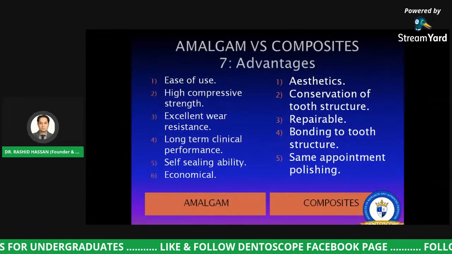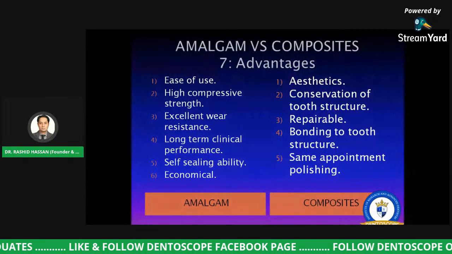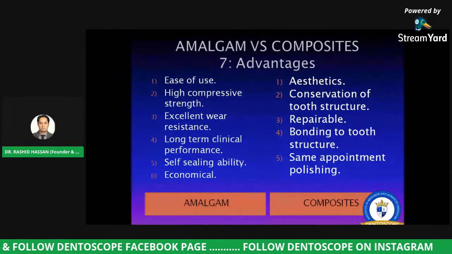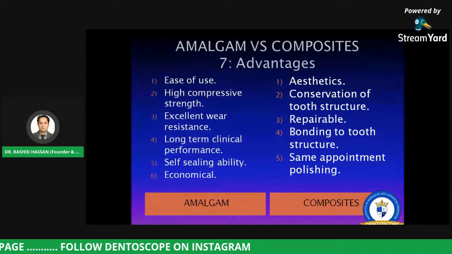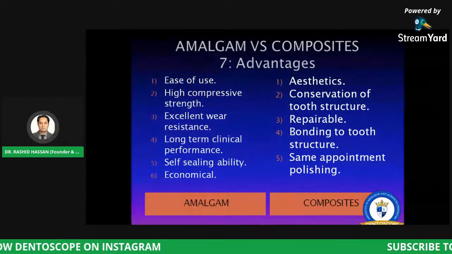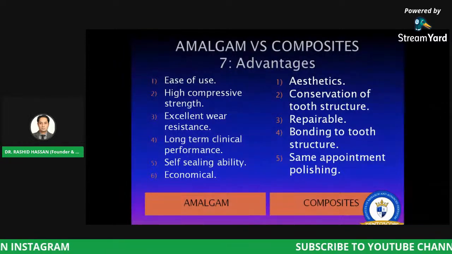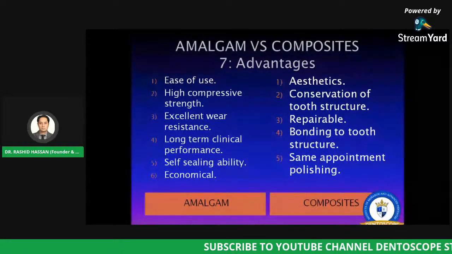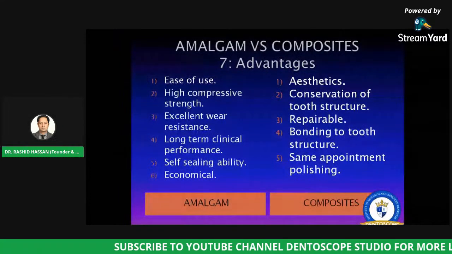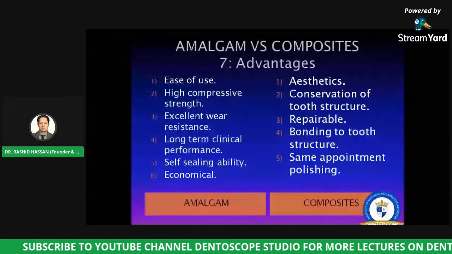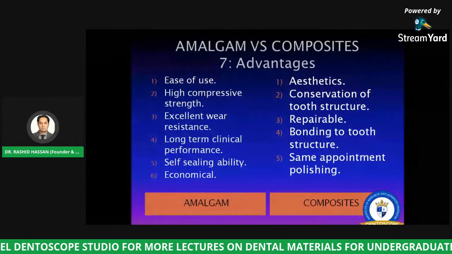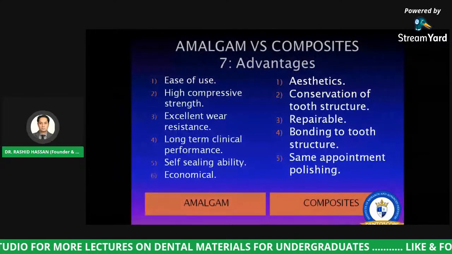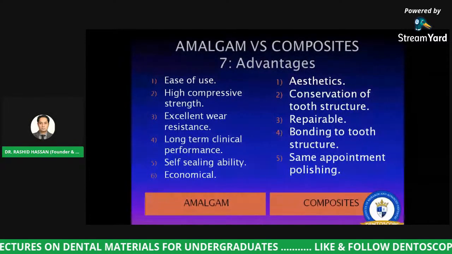We have to extend the cavity into the natural tooth to prevent the recurrence of caries. But with dental composites, we only remove the carious lesion, and we do not need extension for prevention, and we can easily fill the tooth with the composite. So the tooth structure is conserved. We do not lose the natural tooth structure.